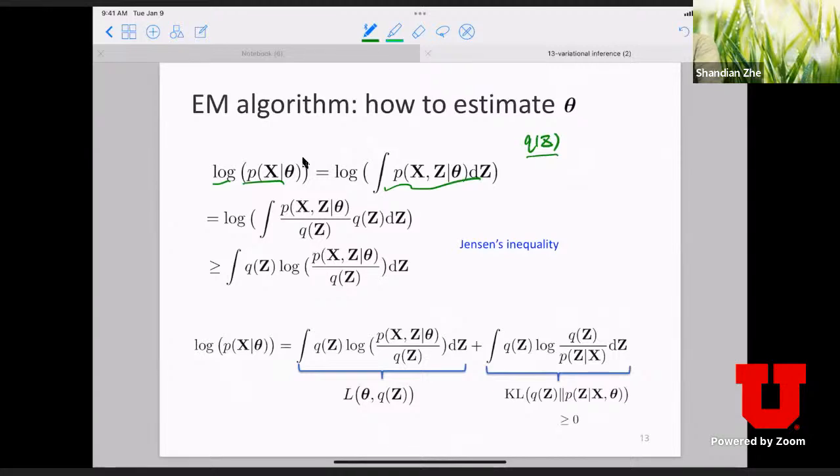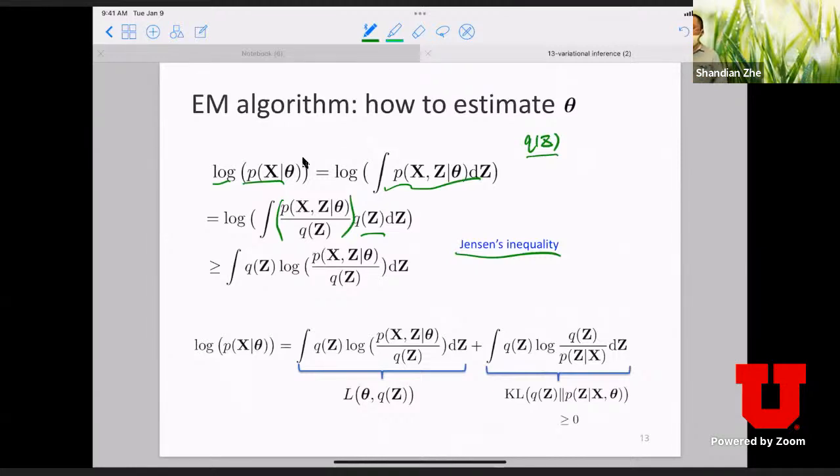So next, the interesting part: let us apply Jensen's inequality here. You treat this fraction as some function of z, and this Q of z is a distribution of z.